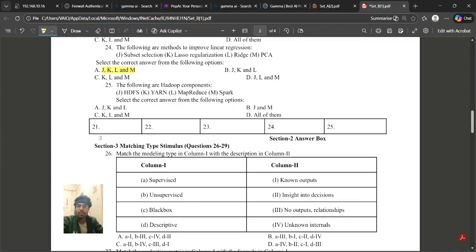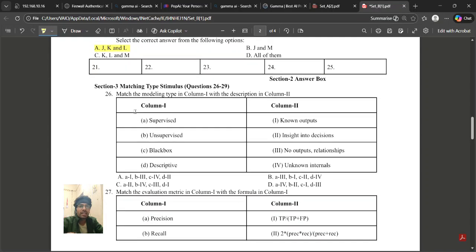MapReduce L is the programming model for Hadoop. Spark M, while Spark can integrate with Hadoop, is actually a separate Apache project, not a Hadoop component. So our answer is A, JKL.